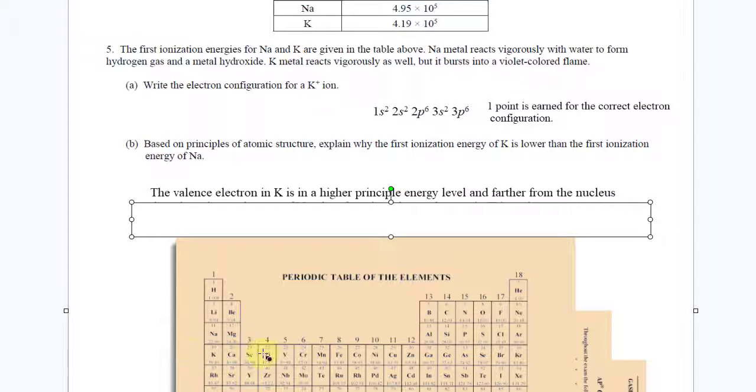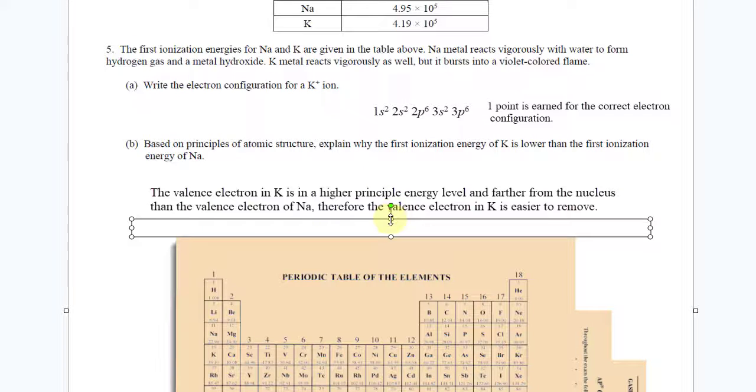This extra row, this fourth row, is because we have a new energy level that is farther from the nucleus. That valence electron, therefore, is easier to remove than the valence electron in the lower principal energy level. That's all that was required to answer this. That was the explanation using the principles of atomic structure.